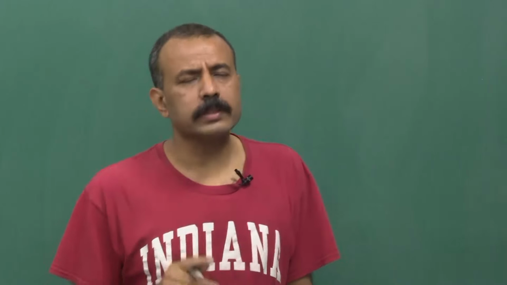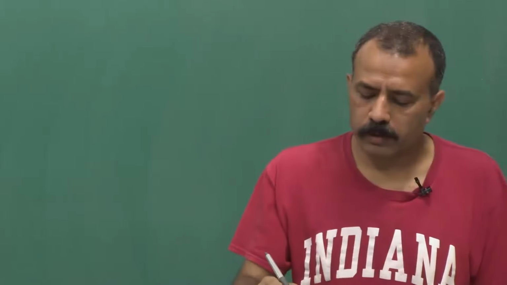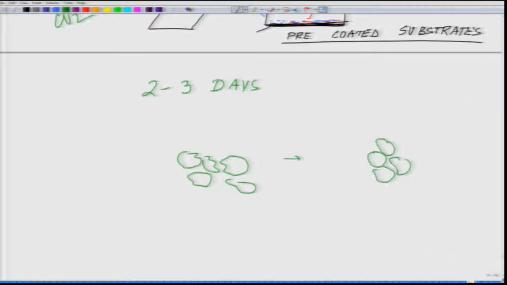Okay. So, now you allow these cells to grow for, I would say, 2 to 3 days. What will you observe? These individual cells will start to come close, and you have to maintain a certain density so that they can migrate close to each other.